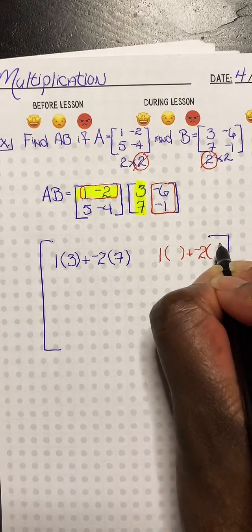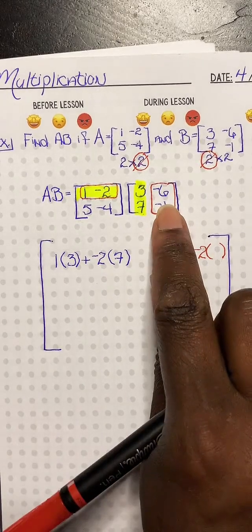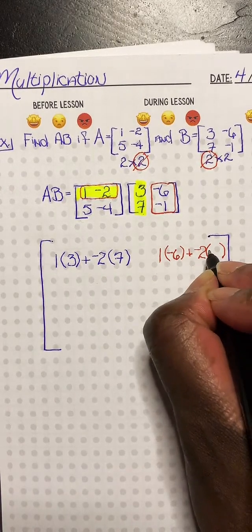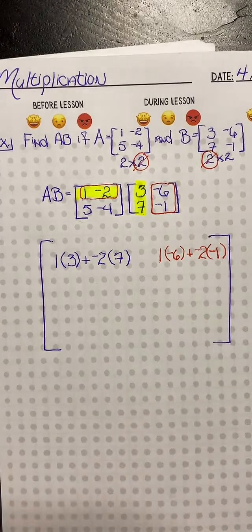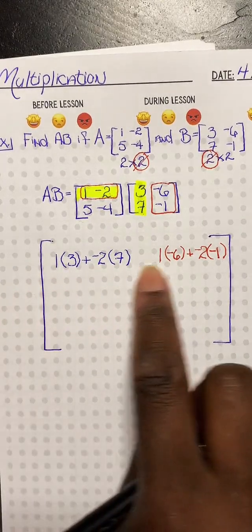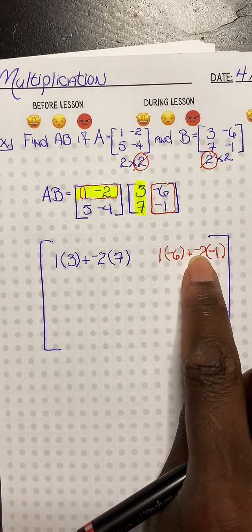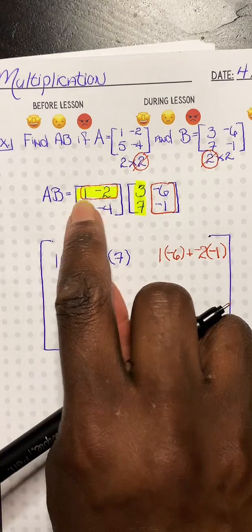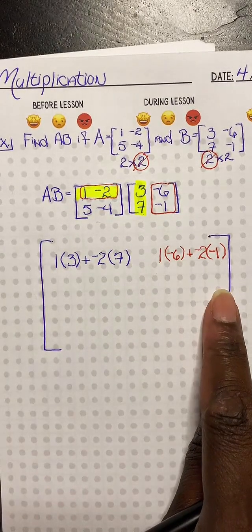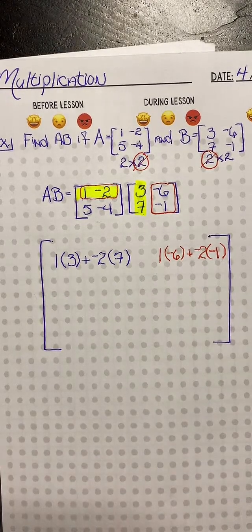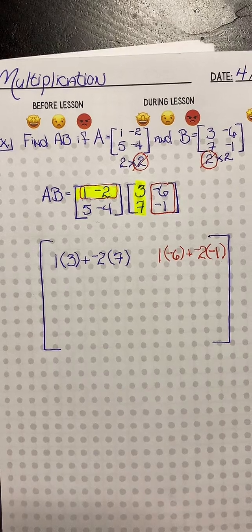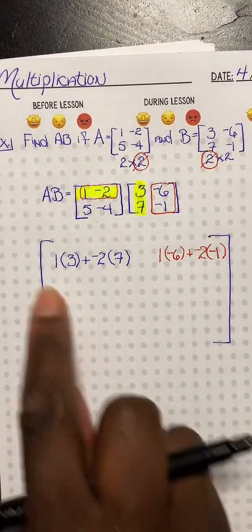And I'm going to multiply it by the second column. So this is -6 and a -1. So now our answer for this is going to be in the first row, second column, because I multiplied the first row, second column. All right. Okay. Now, we're done with the first row.